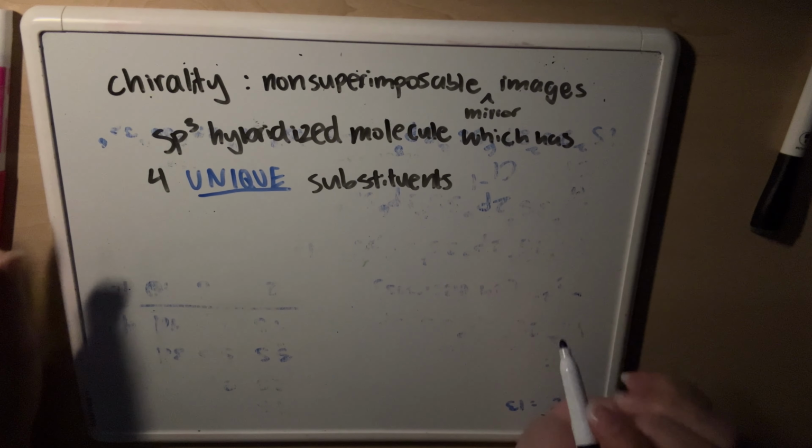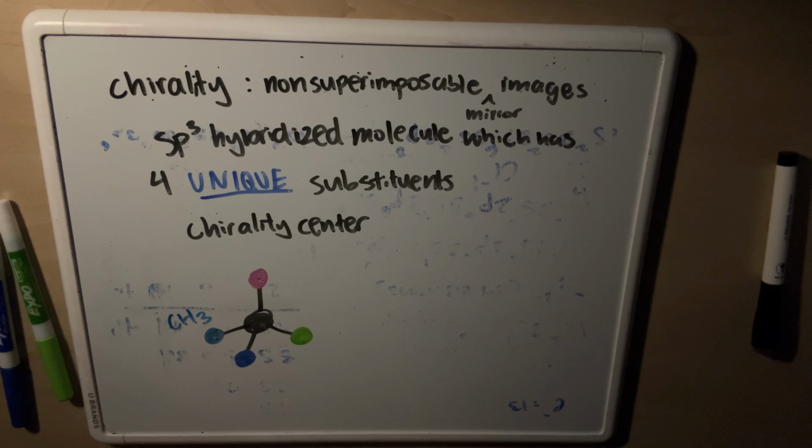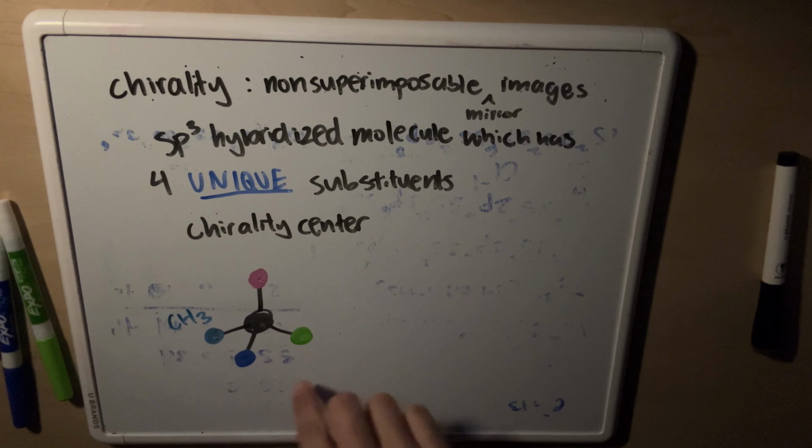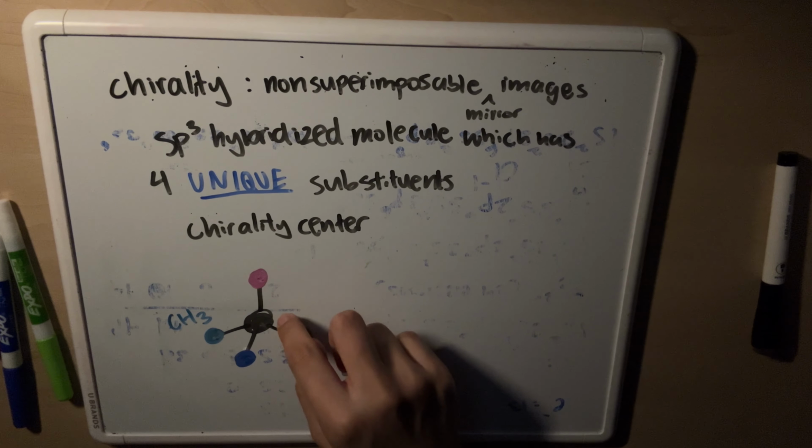I'll use a light blue instead, even though it's going to look the same. Or like a methyl group, which is CH3. Okay, so these are four unique groups attached to a carbon center, which means it has a chirality center, and it has to be four unique groups. If it was hydrogen, fluorine, and then two methyl groups, that's not a chirality center. That's just a molecule. So it has to be exactly four.